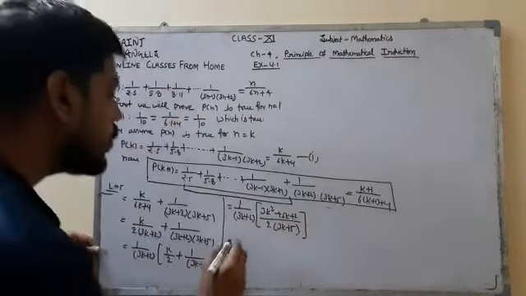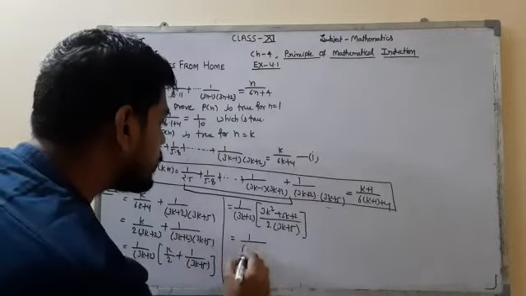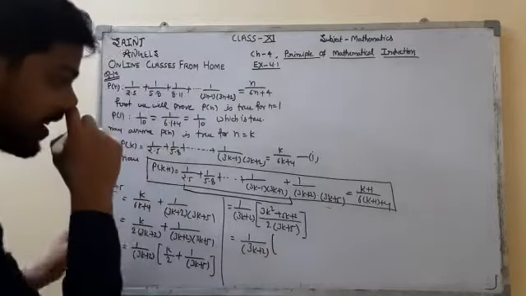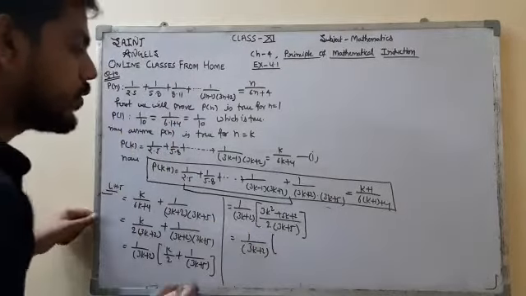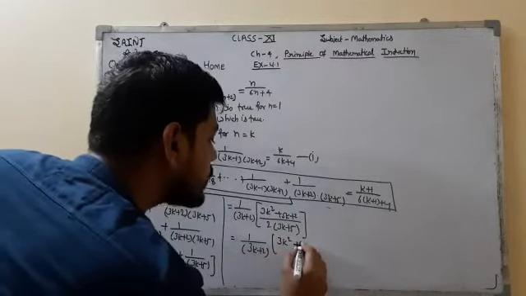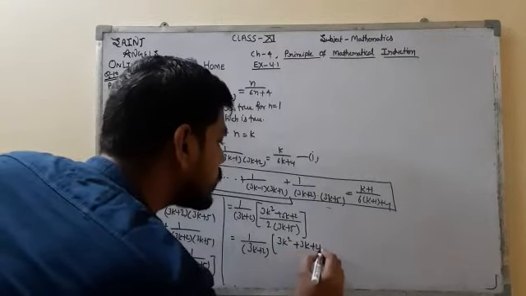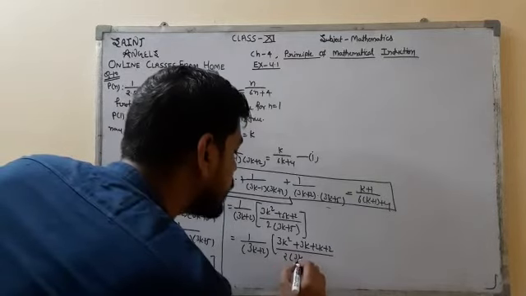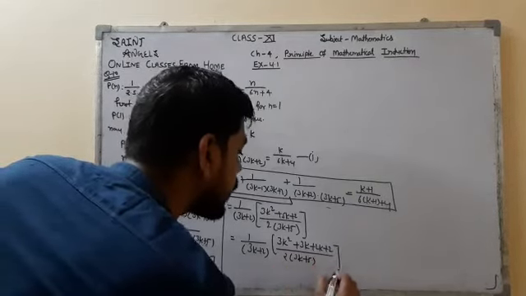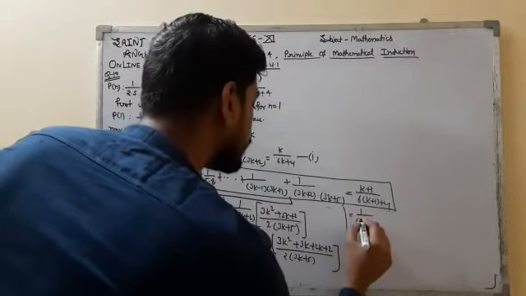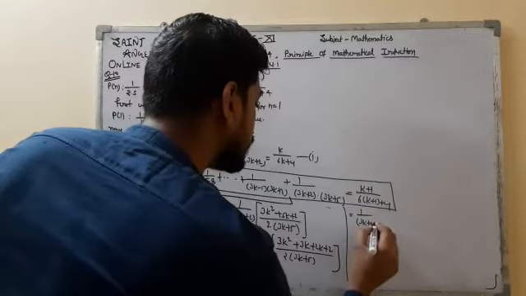Okay students, so now with 1 upon 3k plus 2, we can easily do the factorization over here. So it will become 3k square plus 3k plus 2k plus 2 upon 2 into 3k plus 5. Okay, so now here 1 upon 3k plus 2.